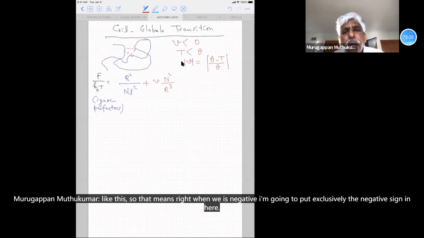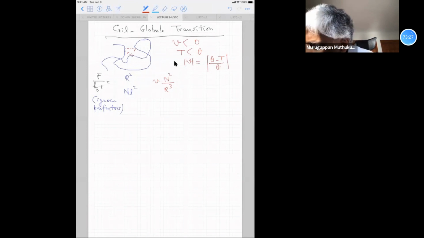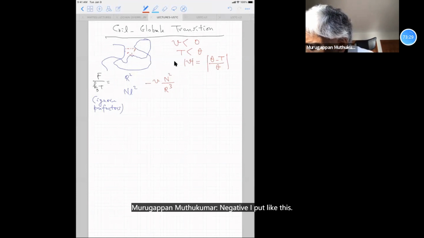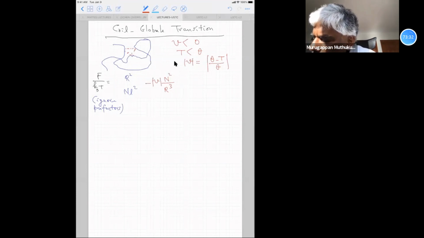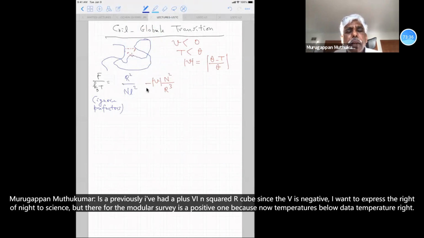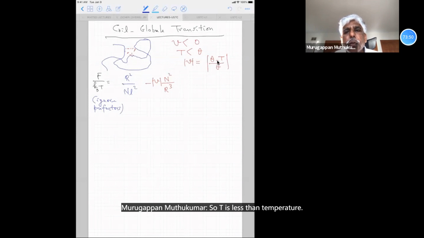So when V is negative, I'm going to put the negative sign explicitly in here. Previously, I had a plus V n squared by R cubed. Since V is negative, I want to explicitly write down the negative sign, but therefore the modulus of V is a positive quantity because now the temperature is below the theta temperature. So T is less than the theta temperature.